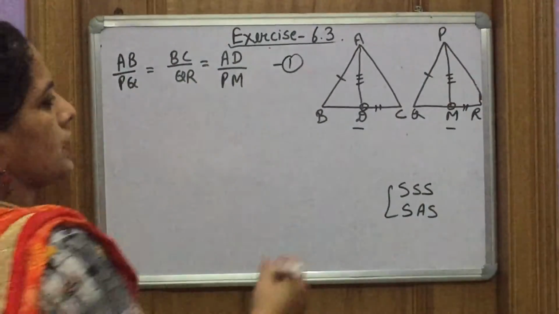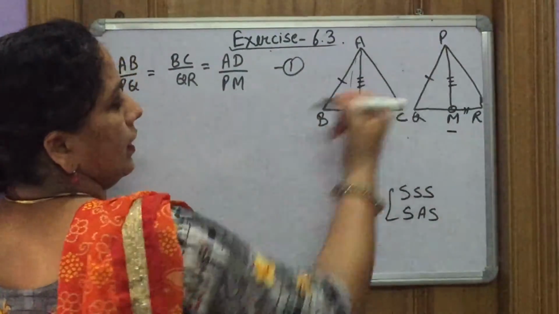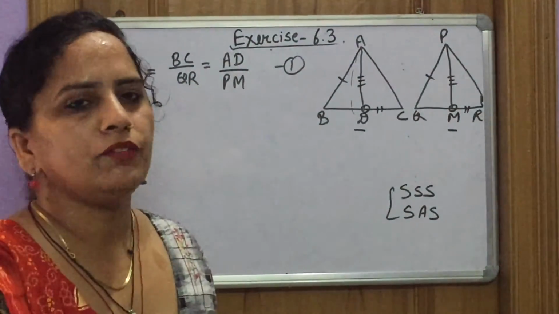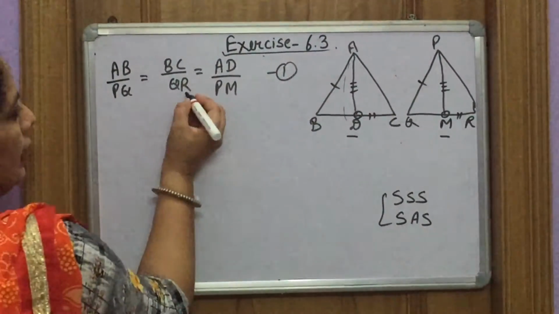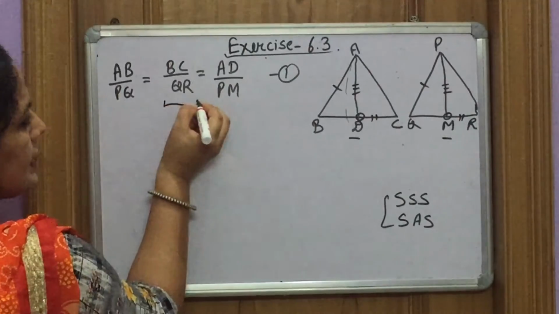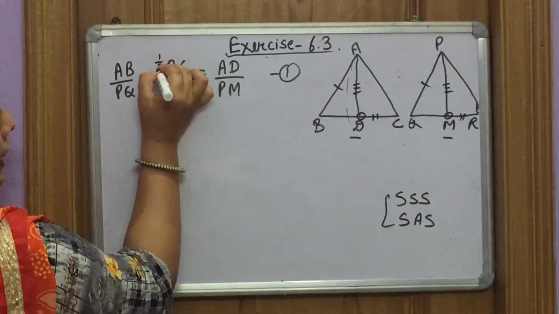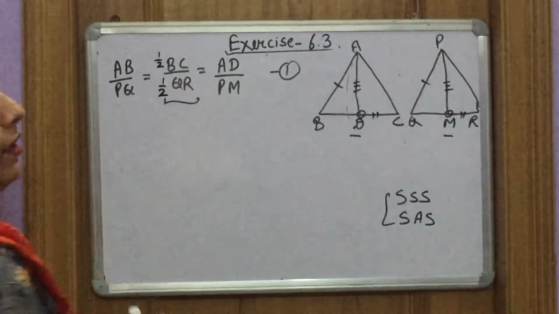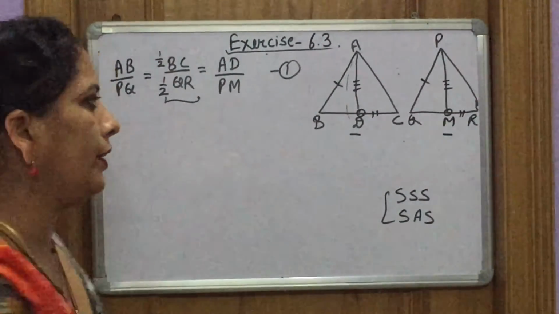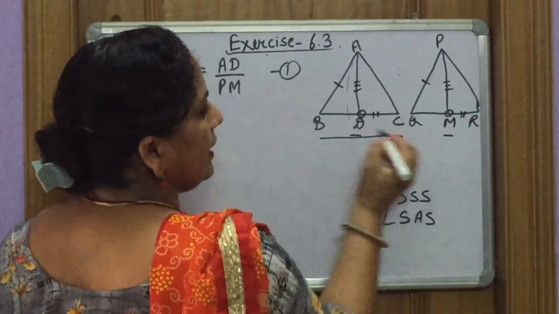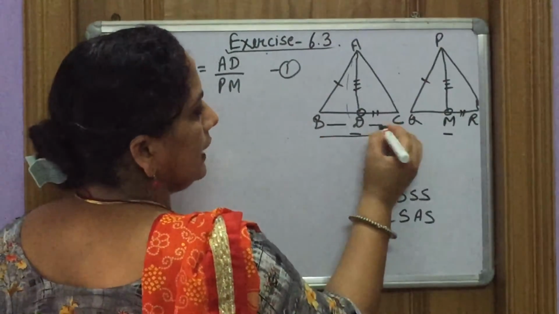Now we will use the condition of a median, which divides the base into two equal parts. That means if we multiply this term by 1 by 2, that means just take the half of this side. Half of this side is equal to BD or DC.